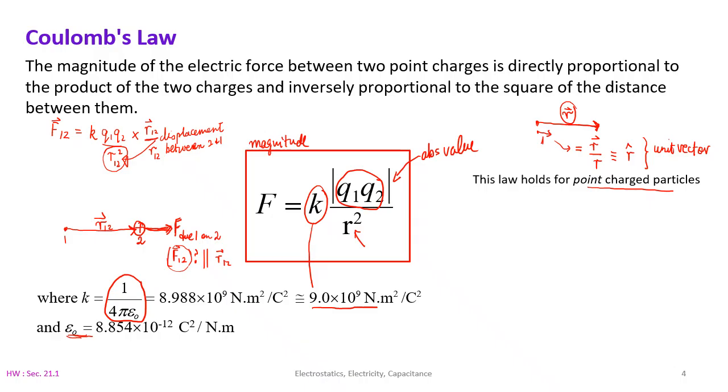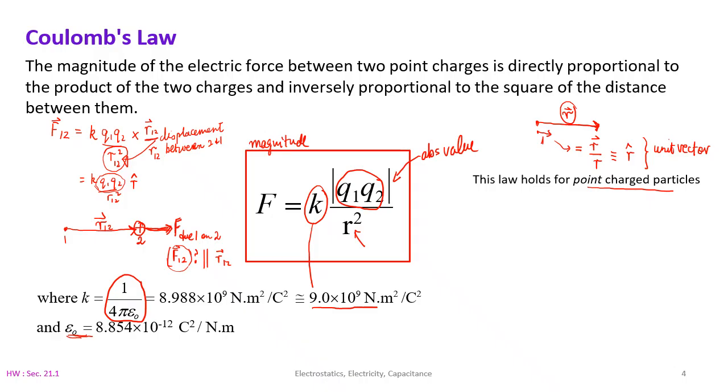So we could also write this as k q1 q2 over r12 all squared times r hat. I've not taken the absolute value of these charges here. That's because if they're both positive, it's going to point in the same direction as r hat.